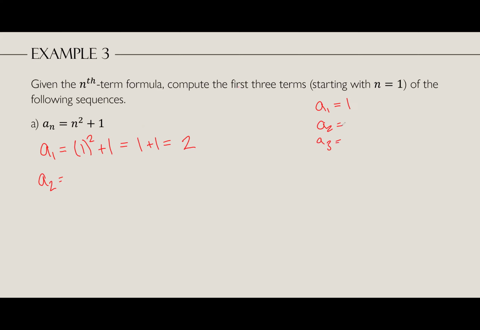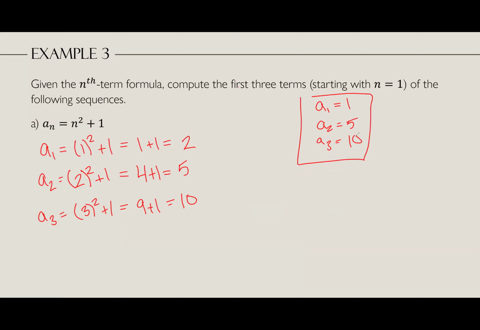So what's a2? For a2, I do pretty much the same thing. Instead of n, I'm going to plug in 2. 2 squared, we get 4, plus 1, or 5. And then a3, we get 3 squared plus 1, or 9 plus 1, giving me 10.